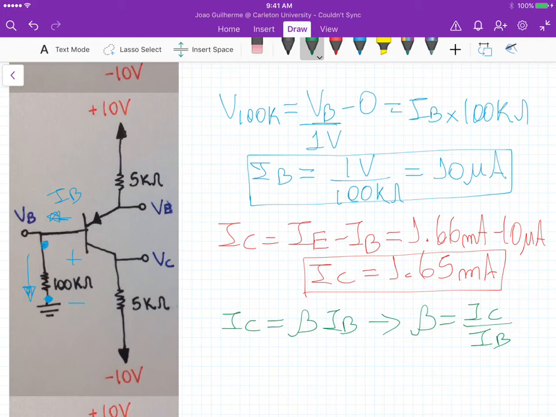Because we know IC and IB, beta equals 1.65 milli divided by 10 micro, and this gives us 165 for the current gain.